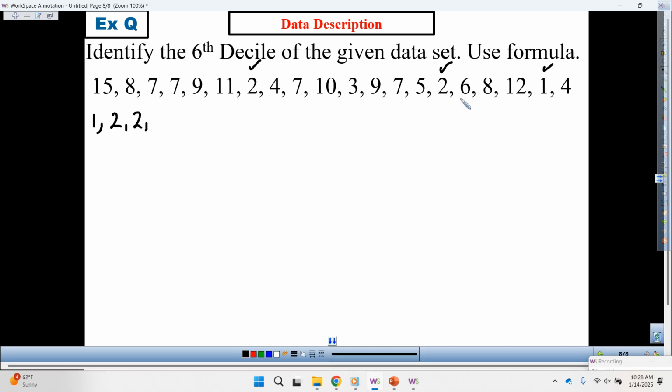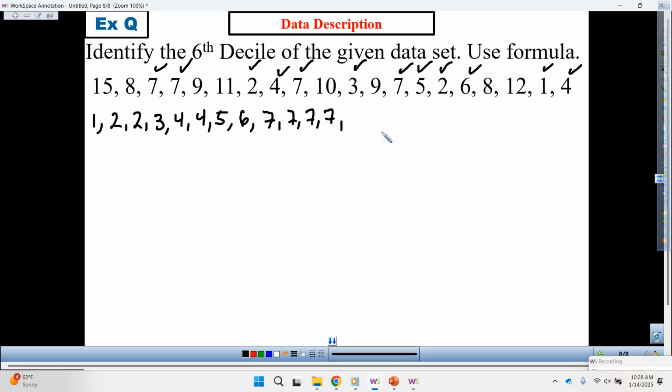Yes? Okay. 3. 4. 5. 6. 7. 4 of them. 8. 9.